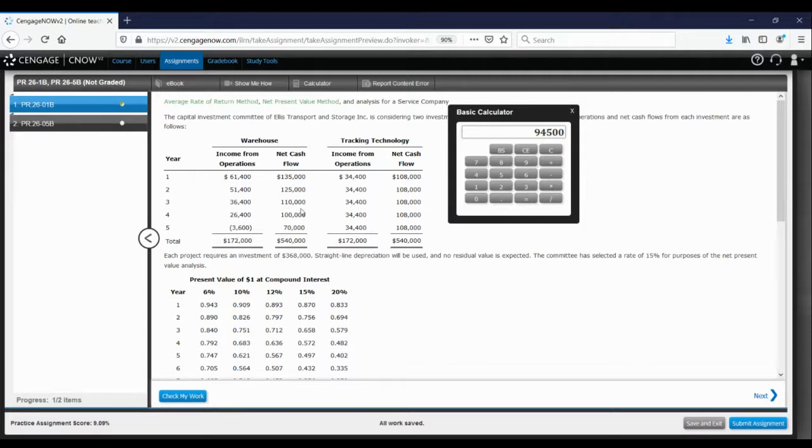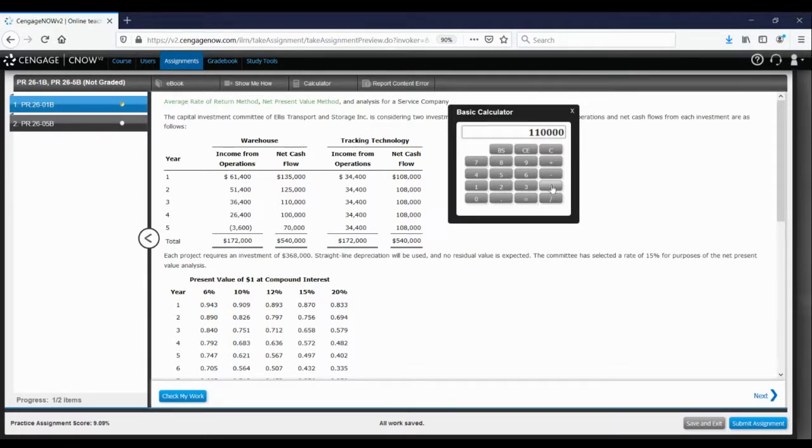In year 3, we have $110,000 that we think that we're going to be receiving in cash flows off of this investment. So I'm going to start by taking my $110,000, and I'm going to multiply that by the third year's present value factor, which is 0.658.